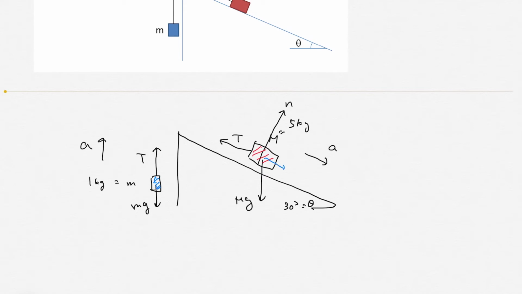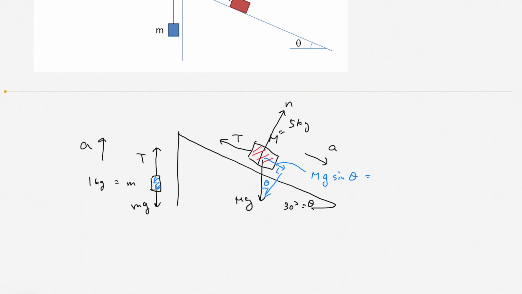This gravitational force is considered as the sum of two forces. If you consider this triangle, this angle corresponds to theta. Then this gravitational force component is Mg sine theta.